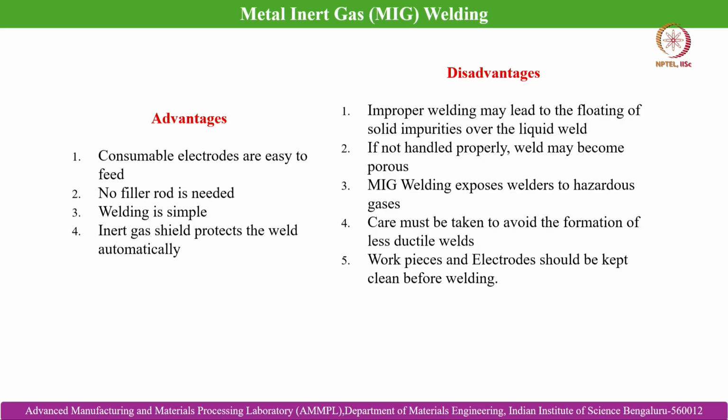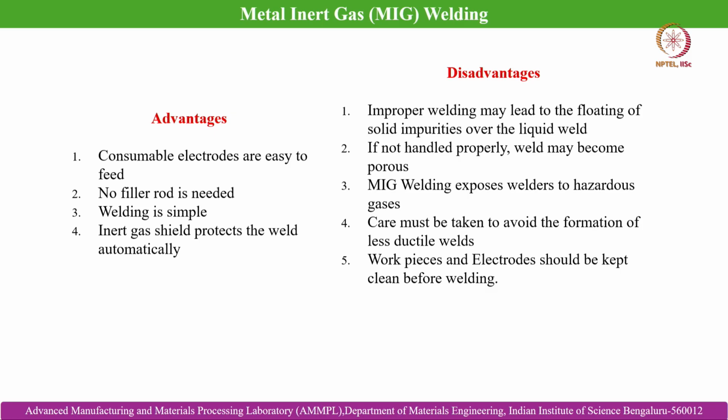The disadvantages are that improper welding may lead to the floating of solid impurities over the liquid weld. If it is not handled properly, the weld can become porous. If the shielding gas is not applied, or the thickness of the gas layer is not enough, it can cause severe gas absorption and porosity formation within the joint.